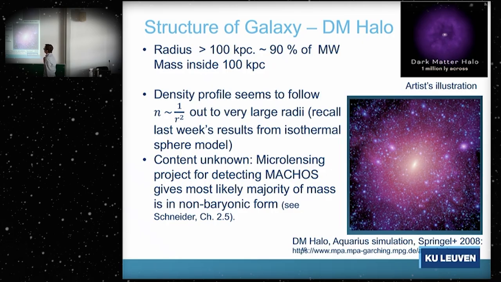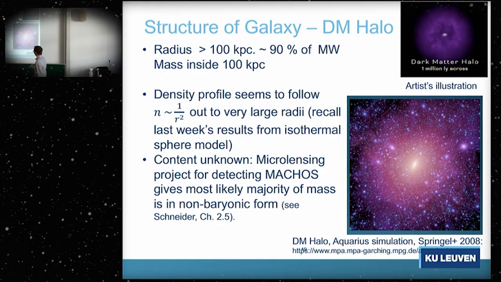There has been, for example, a microlensing project for detecting so-called massive compact halo objects. So that would be like, I don't know, white dwarfs, etc., that we cannot see because they're ordinary baryonic matter, but not in a luminous form like stars that we can actually detect.